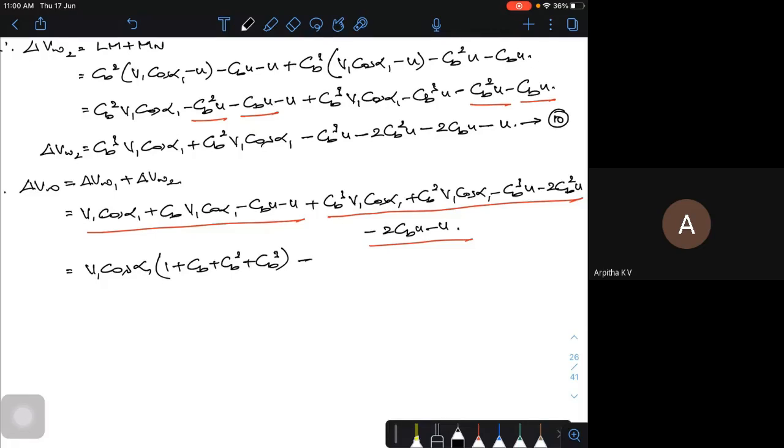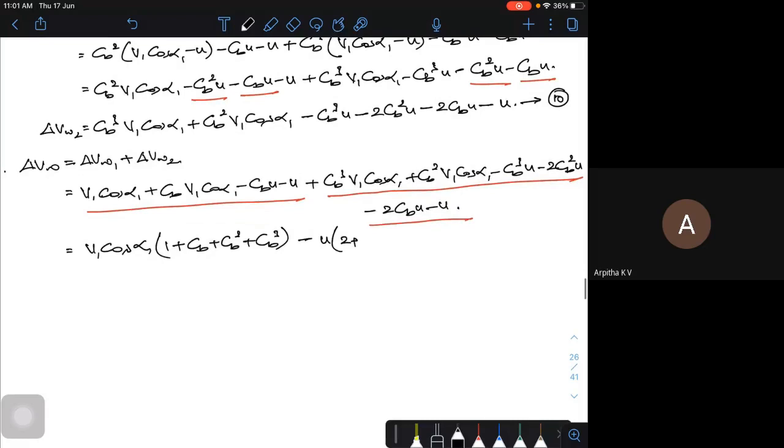Then I have all the quantities with respect to U. If I take U outside, what I have is minus 1, so it is 2 plus, then there is a Cb. How many Cb are there? Only one Cb. So 2 plus Cb.